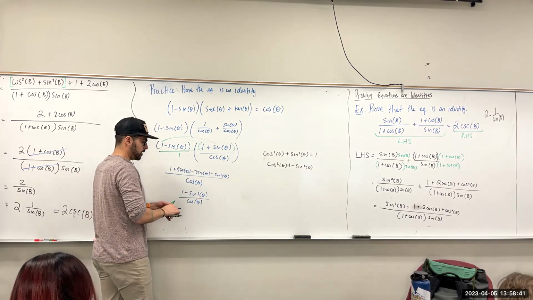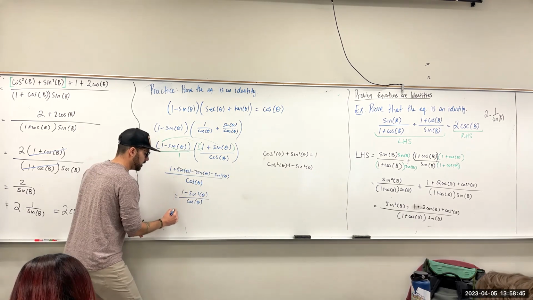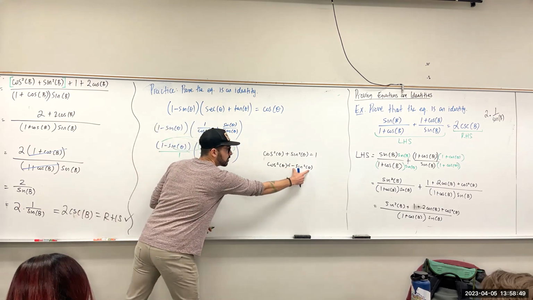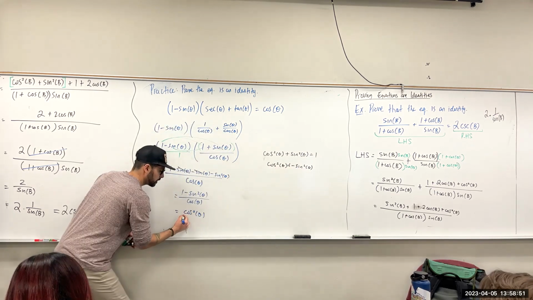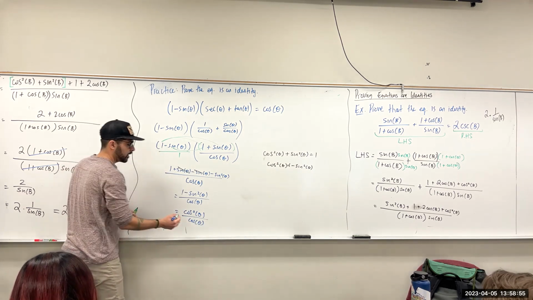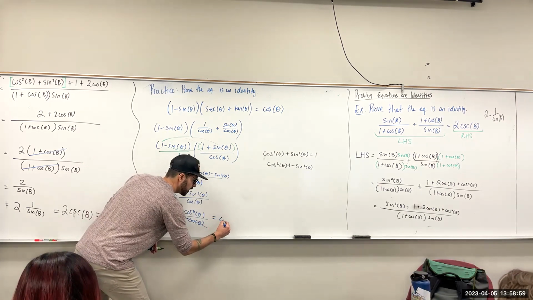Okay, so then this can now be rewritten because of the trig identity. It can be rewritten as cosine squared theta over cosine theta, because that's what this is supposed to equal. And then you cancel this out with one of these, and now I earned it. Yeah. Now I got cosine theta.